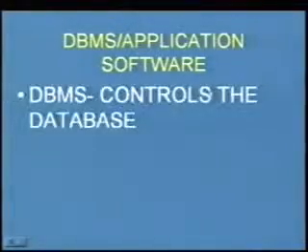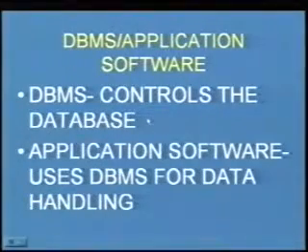The database management system software controls the entire database, whereas the application software uses the DBMS for data handling, which means it uses the DBMS for data storage, retrieval, insertion, deletion, etc. As a whole, we can say that DBMS is responsible for the access of the data in the database.